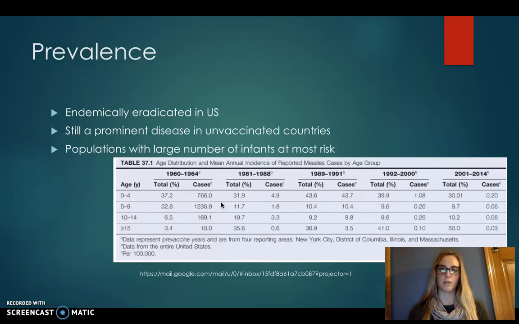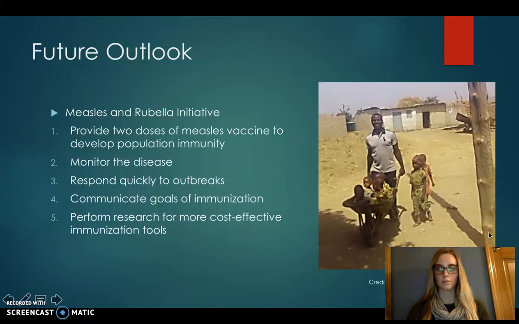So the more younger people that you have, the greater chance you will have of having the disease transmitted. As you can see, since the development of the measles vaccine, which was in 1962, there's been a great decrease in the total number of cases of measles, which is great.